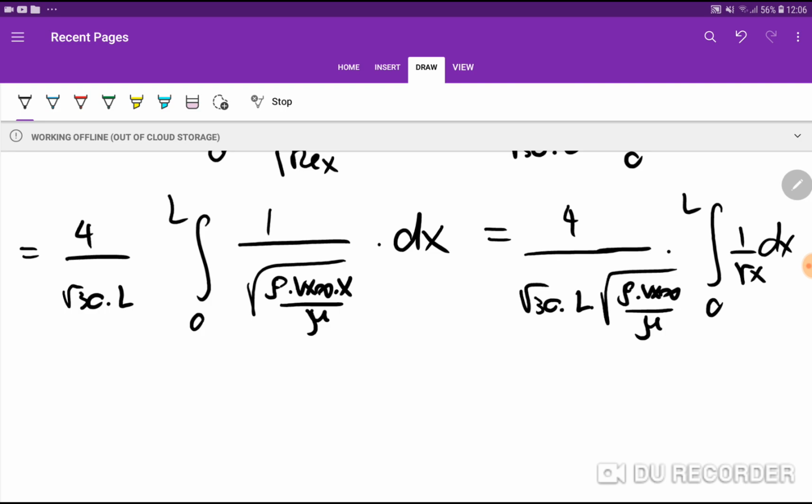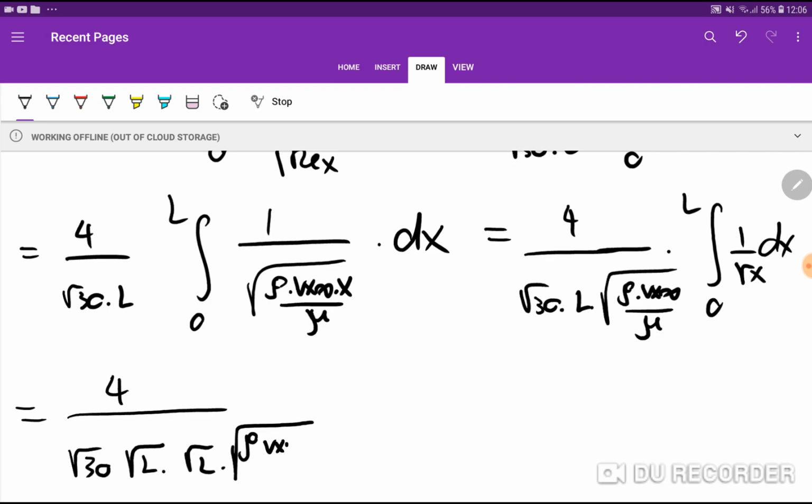Oh, by the way, before I evaluate it, y'all see something interesting. So okay, let me do something like this. So this continues to 4 over square root of 30. For L, I rewrite like this: square root of L times square root of L times square root of rho Vx infinity over mu times integral from 0 to L 1 over square root of x dx.